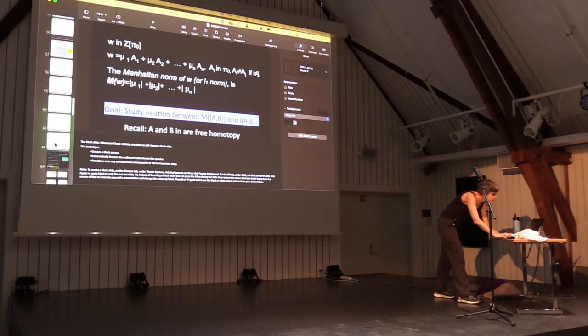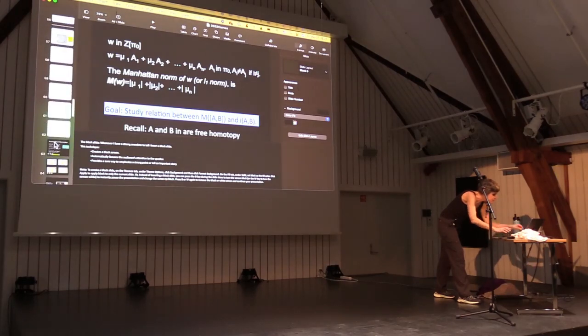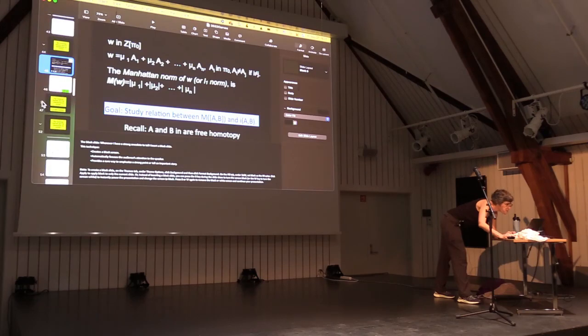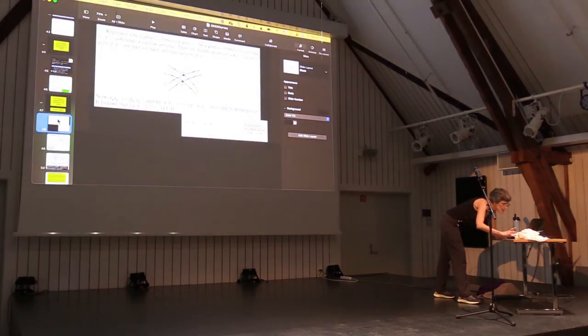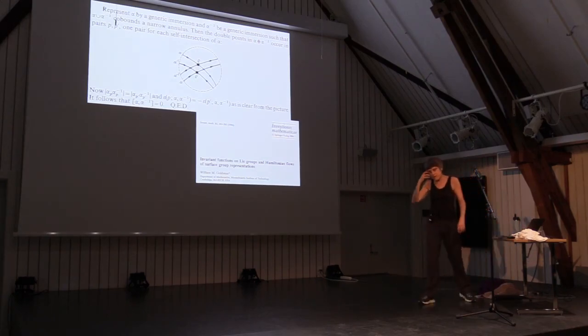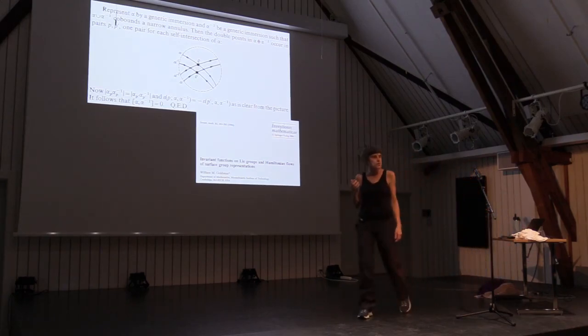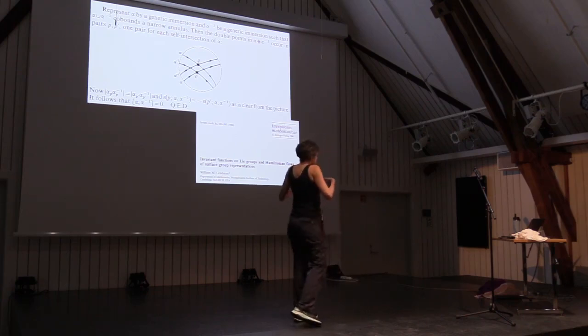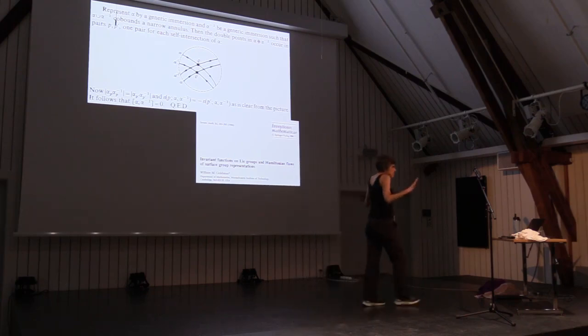One thing I did is counting. So I was reading Goldman's paper. He found this bracket by studying representations of the fundamental group of a surface into Lie groups. It's a wonderful paper, full of mathematical juice.